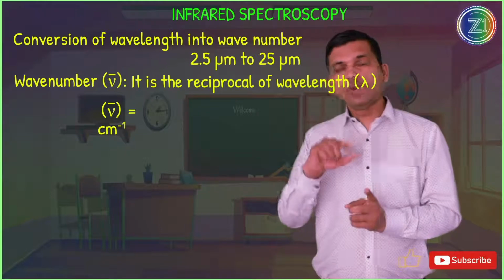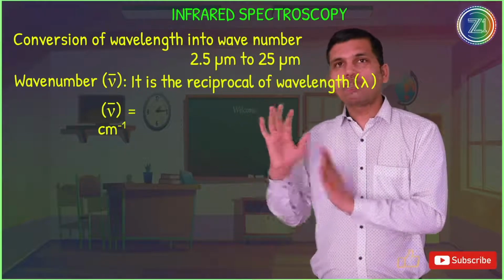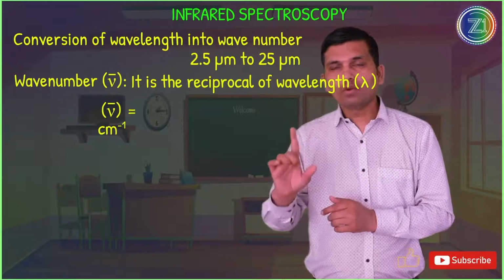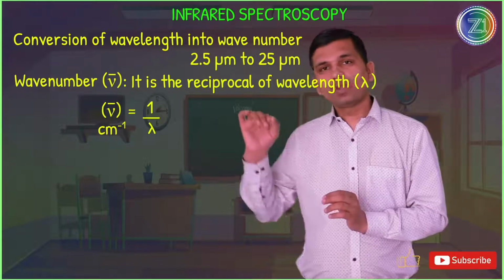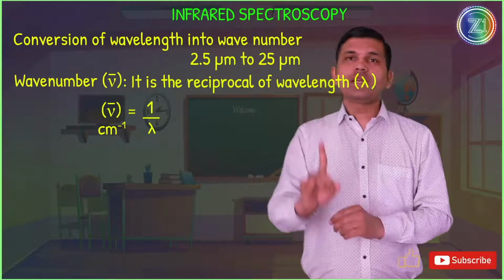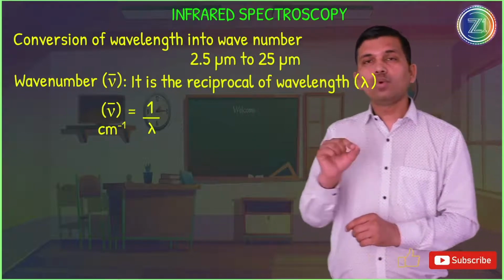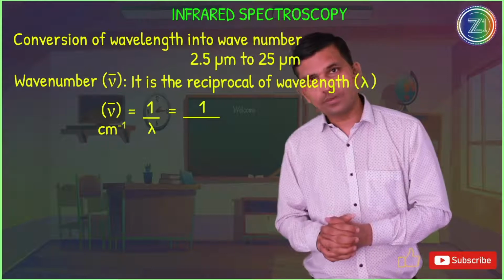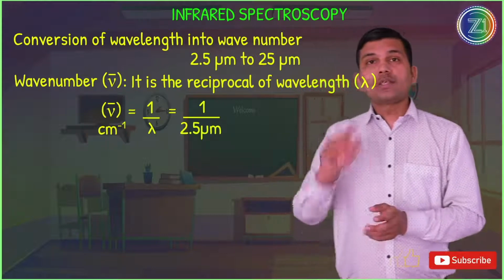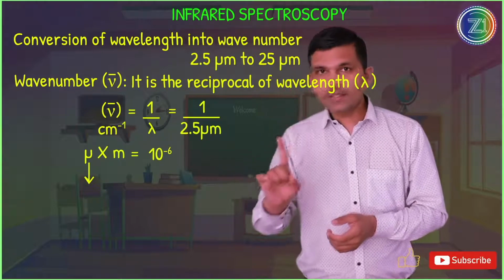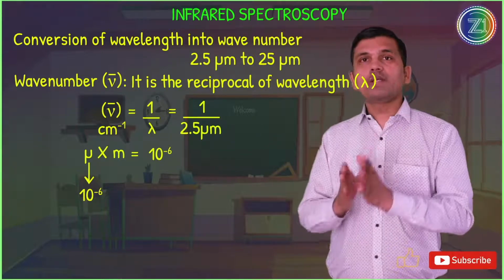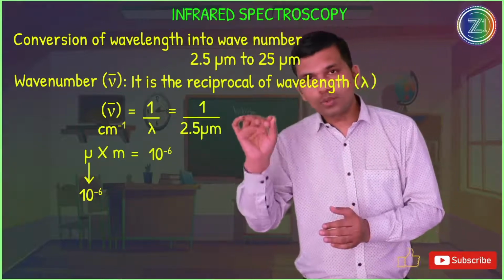We know that nu dash is equal to the inverse of wavelength, that is 1 over lambda. Lambda is represented in terms of micrometer, so we can write it as 1 over 2.5 micrometers. We know that micro is 10 raised to power minus 6 and meter is 10 raised to power 2 centimeters.